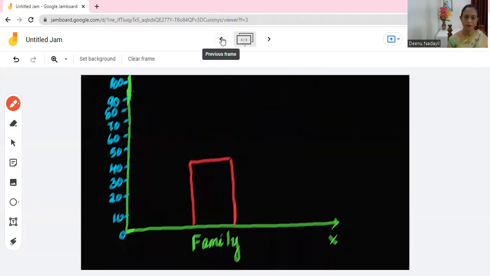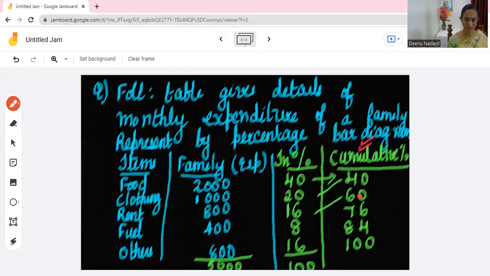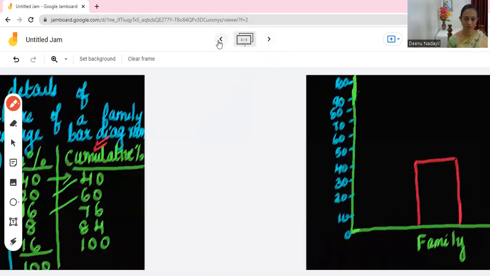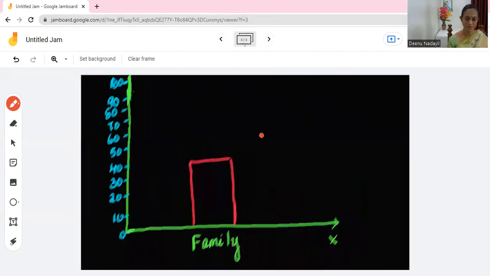Now coming to the next, 60. Don't forget, don't take this, take this. The first one was food; the next is clothing. Clothing is 60.